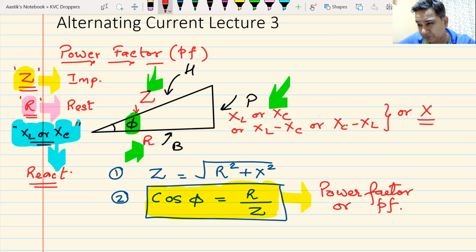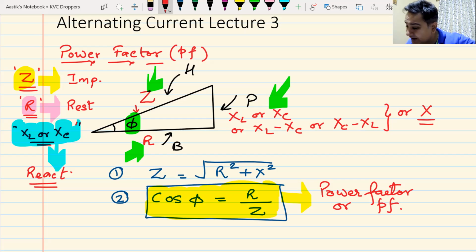When I say end of your life, I mean till the day you give your NEET exam, because after that you might not need it. Cos of phi. Now sin of phi you can also find out from here, but sin of phi is not that important.